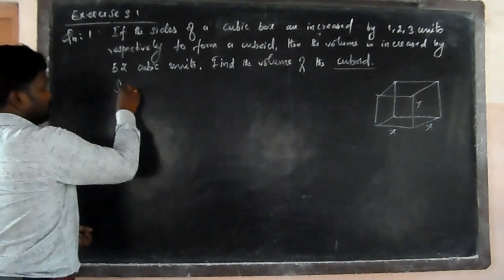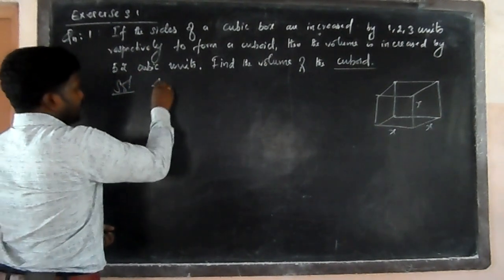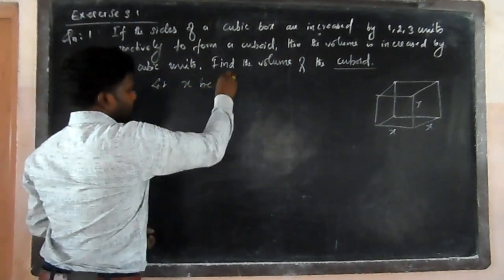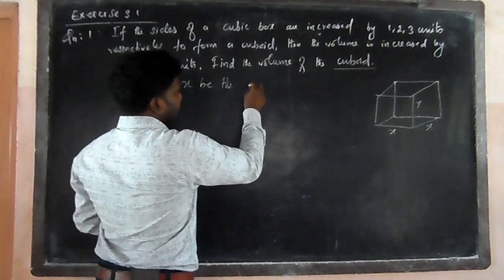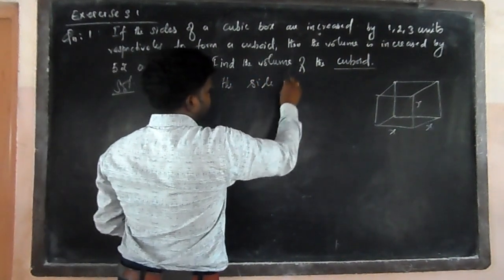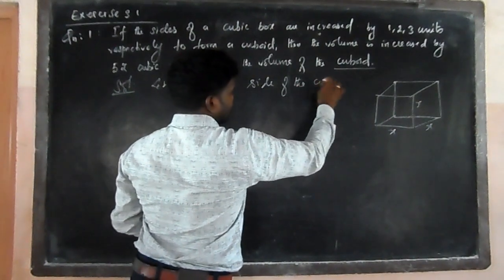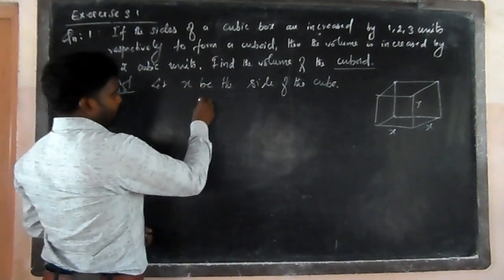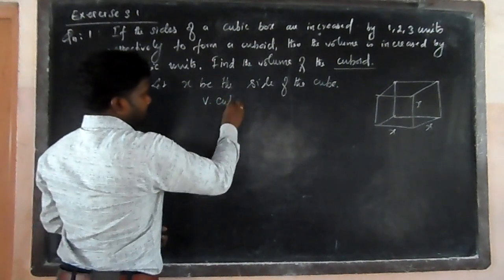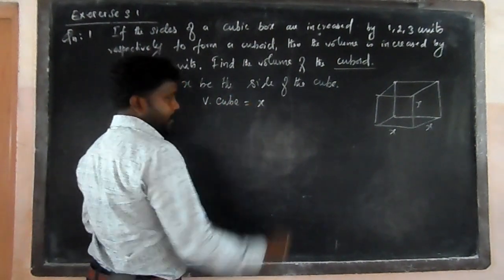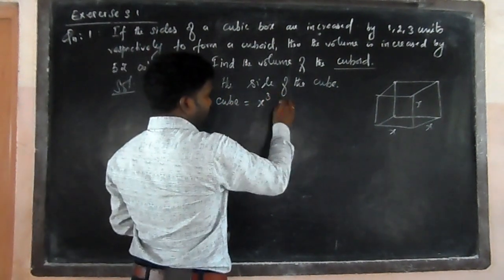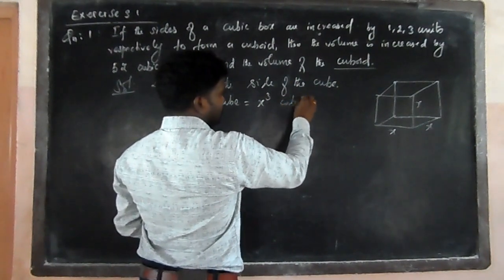First is the solution. Let x be the side of the cube. So we know that the volume of the cube is x into x into x, x cube cubic units.